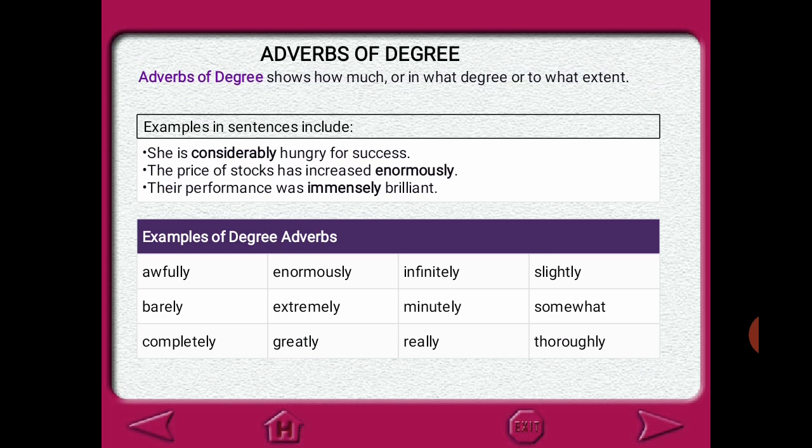And their performance was immensely brilliant. How brilliant? Immensely brilliant. A few adverbs of degree are given in the list: awfully, barely, completely, enormously, extremely, greatly, infinitely, minutely, really, slightly, somewhat, and thoroughly.